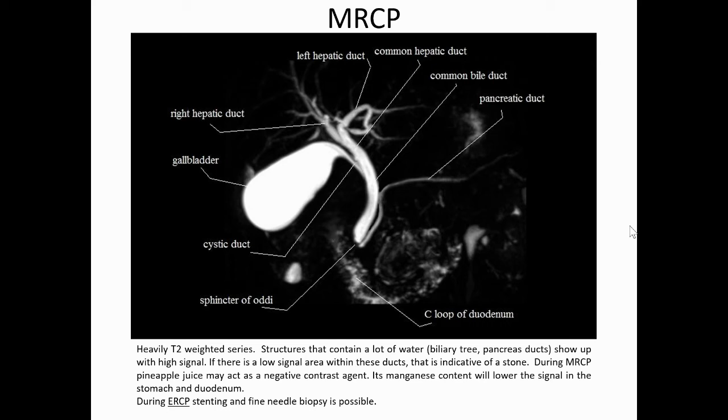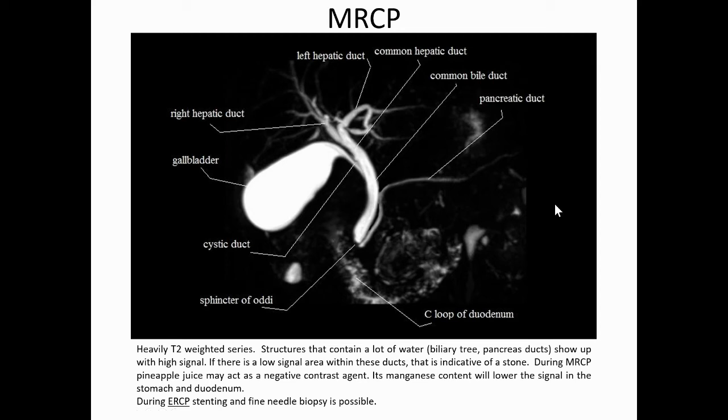If you do not remember why, then please go back to that talk. So bile and the pancreatic juice and even the juice in the duodenum contain a lot of water. So if you perform an MRCP study, then all of these structures will show up nice and bright.